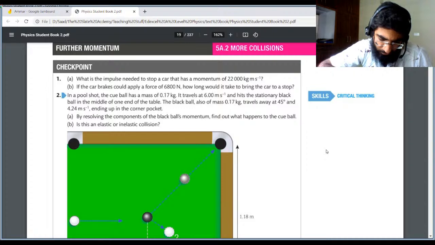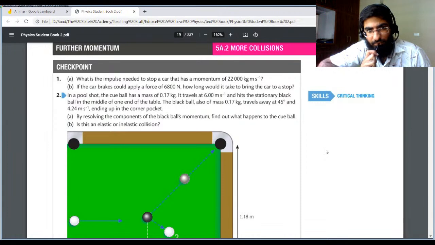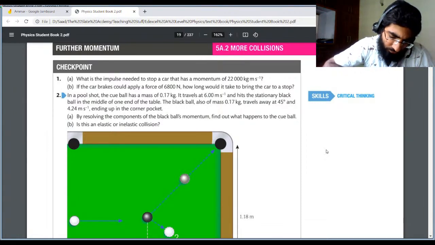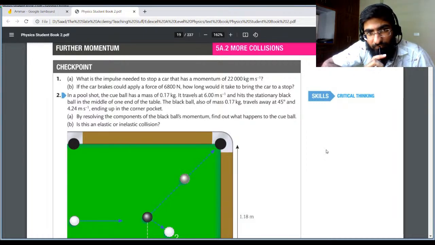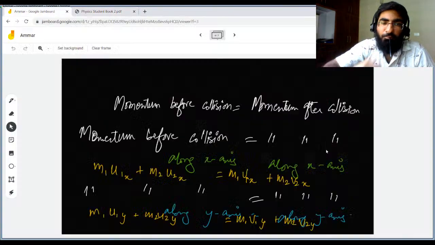So I don't need that. So 22,000 is equal to force into time, and yeah, just 22,000, isn't it? So we'll use the formula over here.